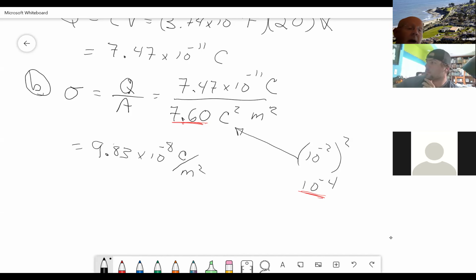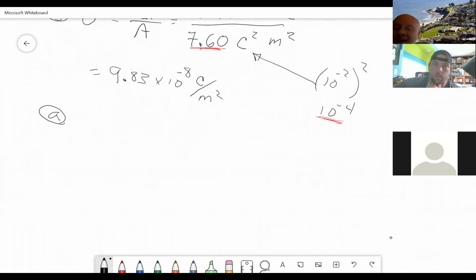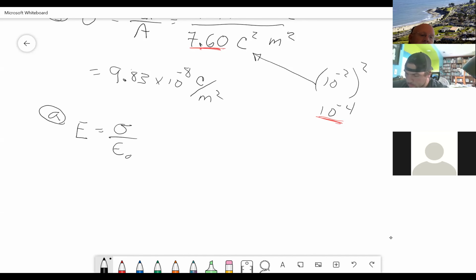And then finally getting to your question, thanks for being patient: what is the electric field? One of the ones we derived back in chapter 24, and I suppose I could redo it if you want here. We talked about it in the last problem before the break: we would want the charge density over the permittivity of free space. That's the electric field between two charged plates.